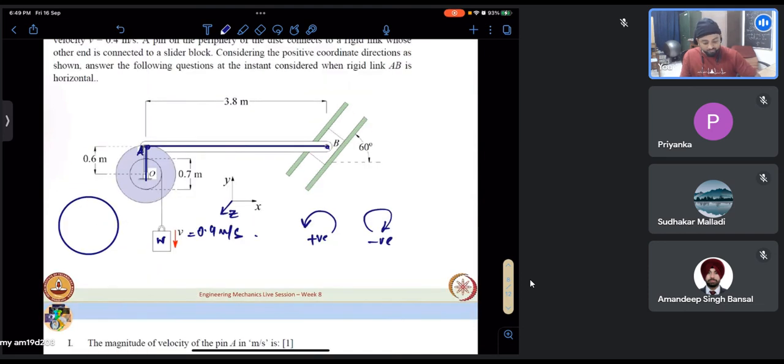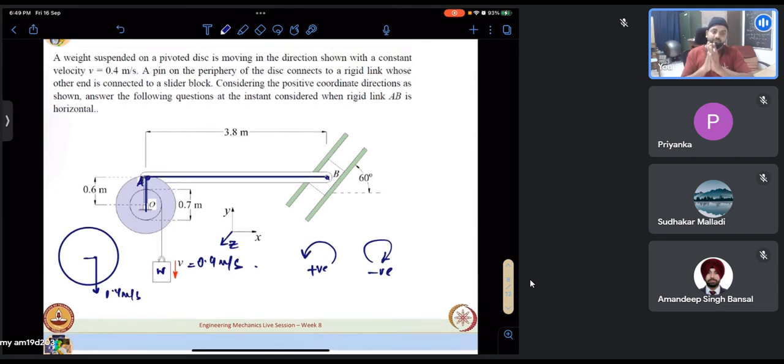From here, this disk, we are able to see that the velocity of this point is 0.4 meters per second. And this is connected totally, it's a pivoted disk, it's a single unit, so it can have only one angular velocity. So 0.4 is given. What is the distance from its center?